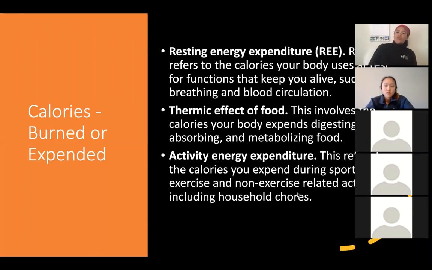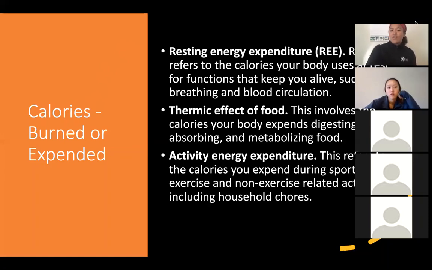All right, so ways that you can burn or expend calories. I'm not going to go into every single one of them, but if you look at this slide, you can see the different ways that we use calories. The first one is resting energy expenditure. This is what allows our bodies to be alive and to function, with blood circulating.